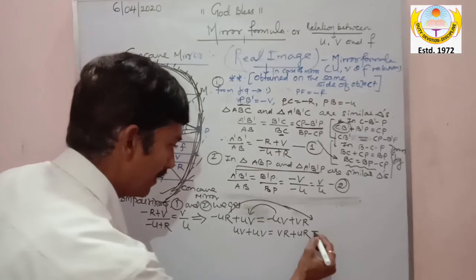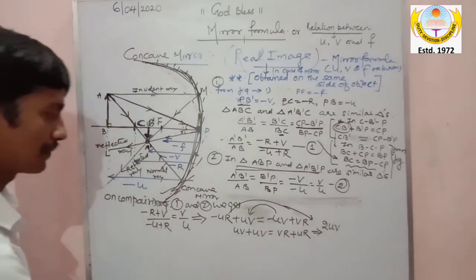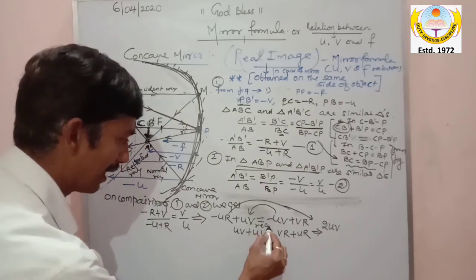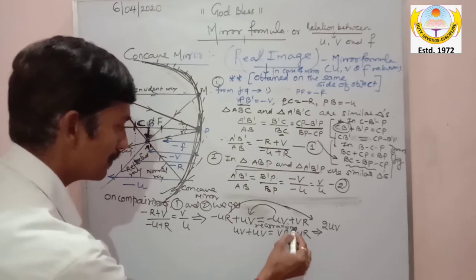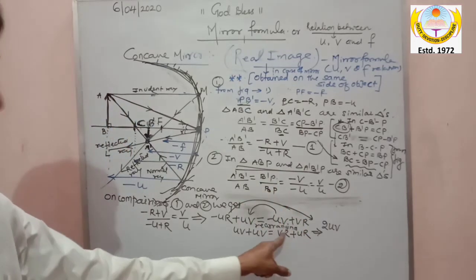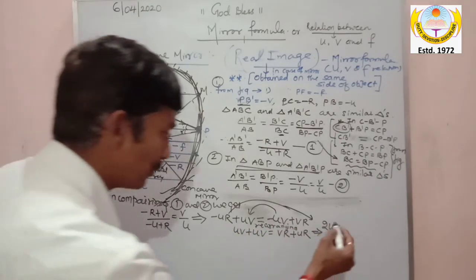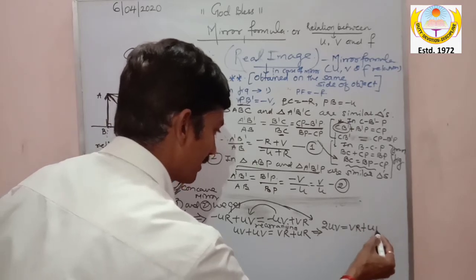So what will it be? 2UV. So here I can say rearranging. I have rearranged this. So this is 2UV is equal to VR plus UR.